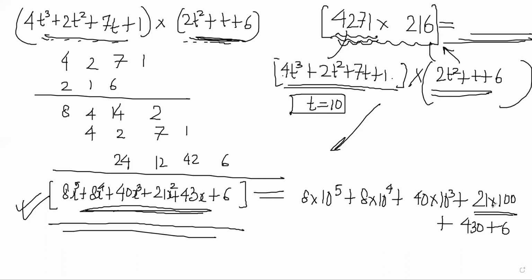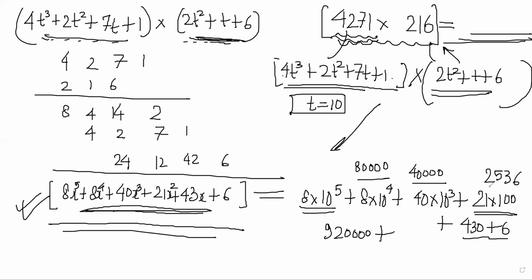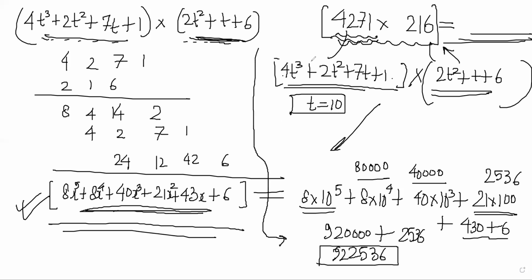So this is basically 2100 plus 436, so 2536, and this is 40,000, and this is 80,000, and this is 800,000, right? 800,000 plus 80,000 plus 40,000, so 920,000 here, and plus 2536, so it is 922,536, right? Although you could have multiplied it as well, but I'm just showing you how you can quicken the pace of your multiplication very easily.